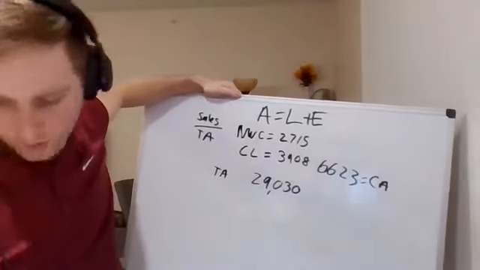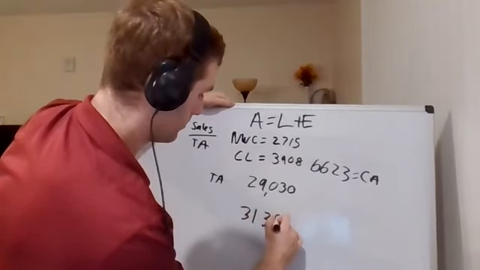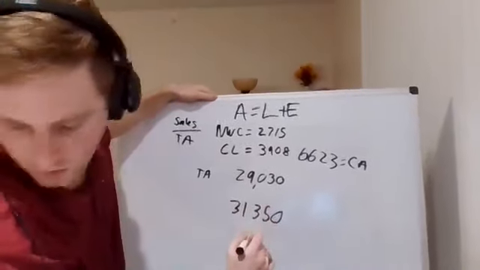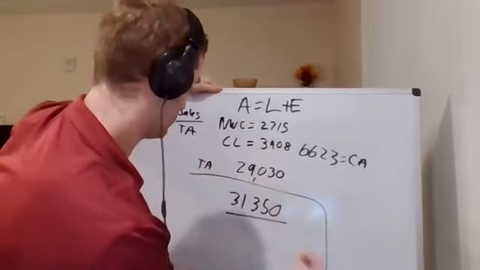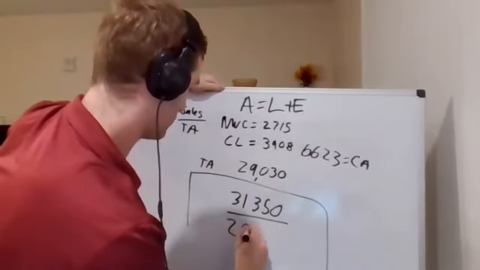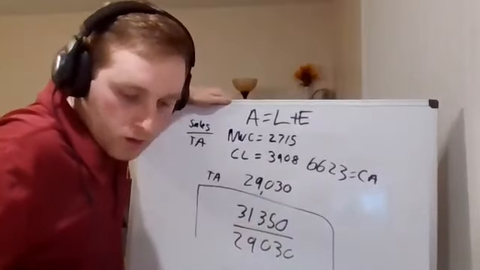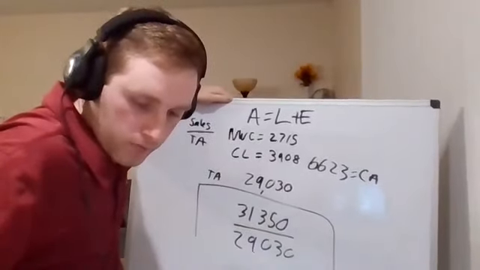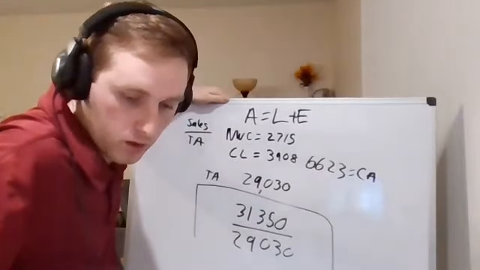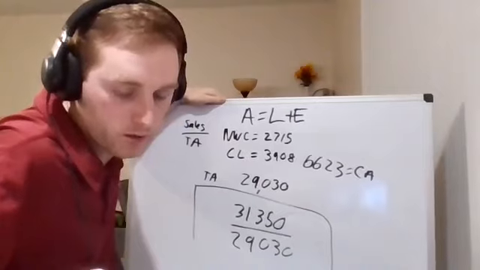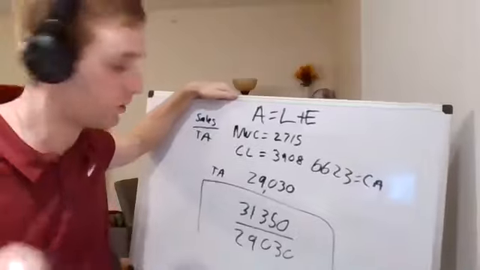Our sales are 31,350 divided by our total assets, which is 29,030. So when we do that, 31,350 divided by 29,030 gives us 1.0799, or in the answer's case, 1.08.